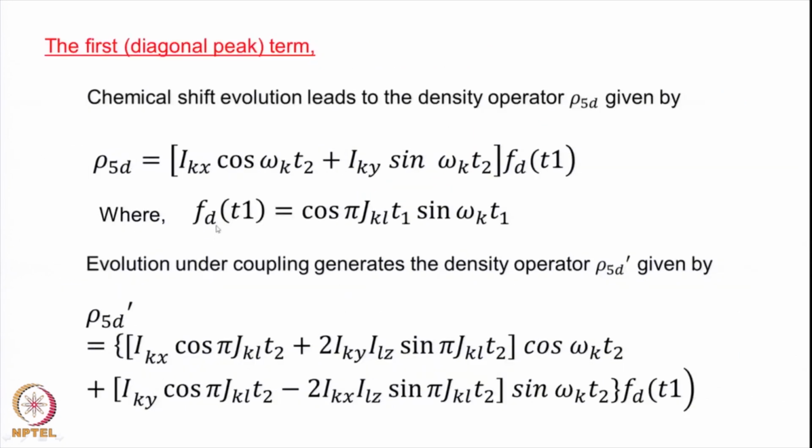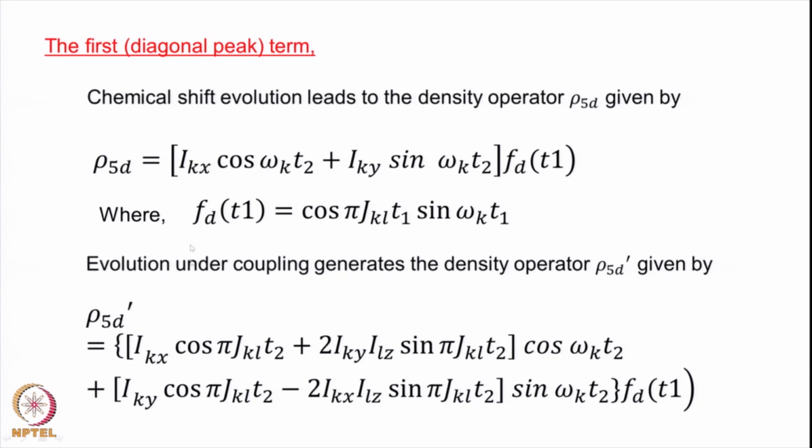Okay. And now we consider evolution of these terms under the coupling. Evolution under coupling generates the density operator rho 5d prime given by this formula here. Rho 5d prime is now coming from the evolutions of the individual terms here.